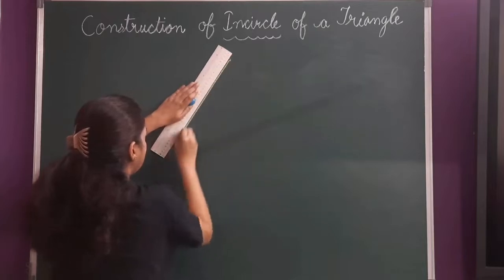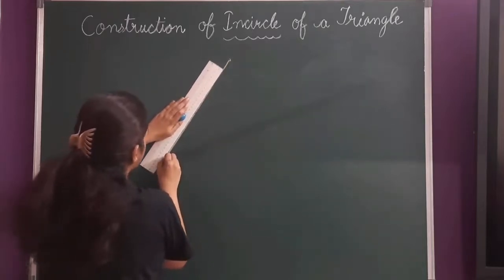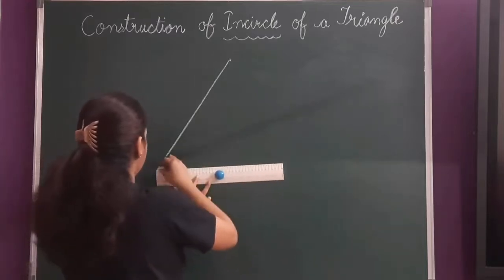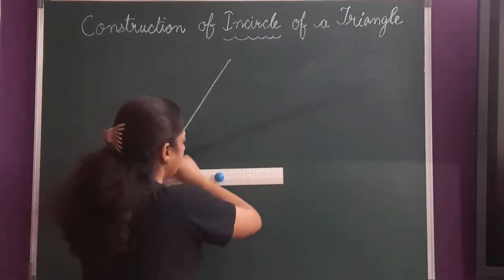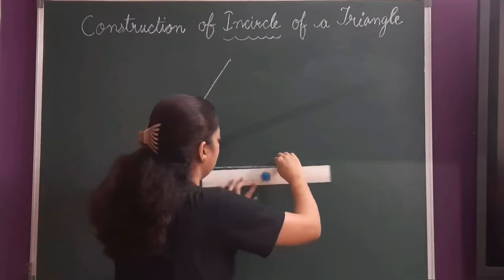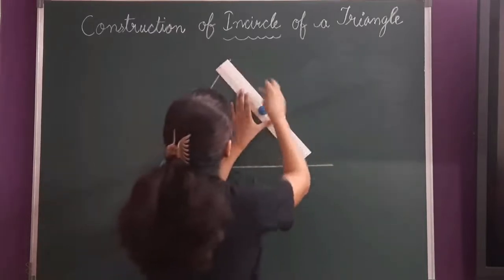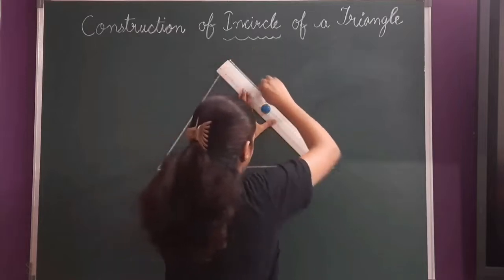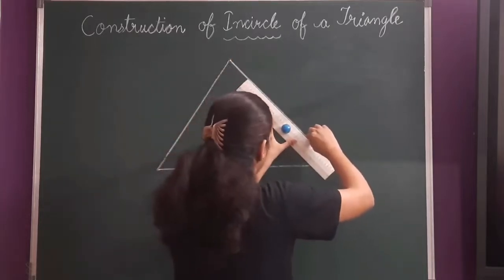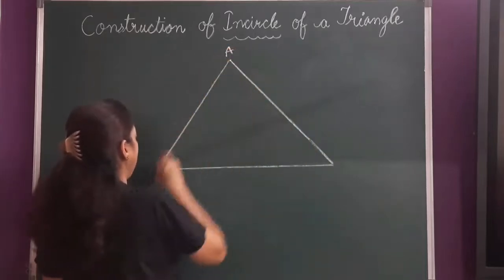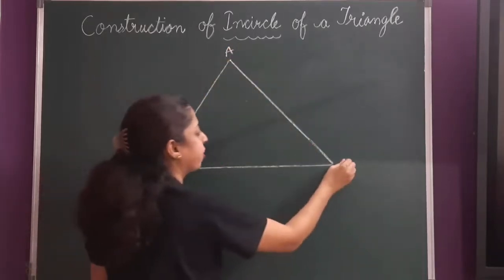So let me take a triangle like this. I am making a big triangle so that you understand the concept really well. So suppose this is my triangle. This is my triangle A, B, C of given measurement.